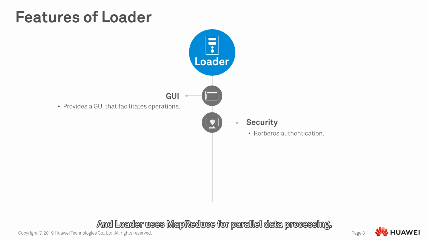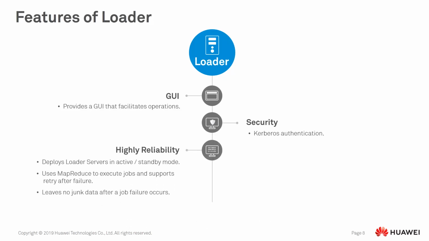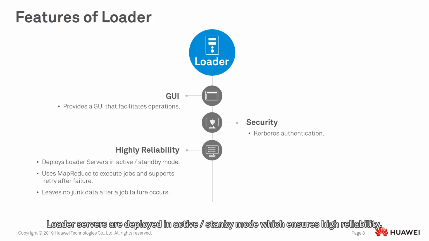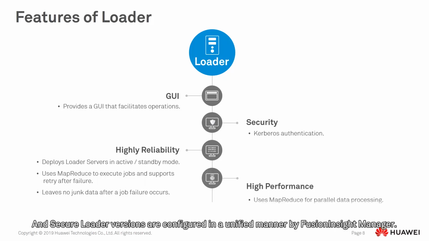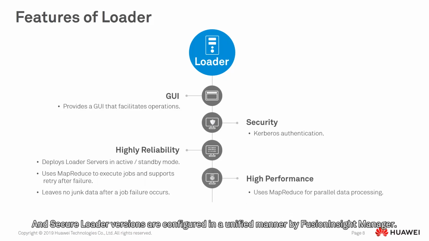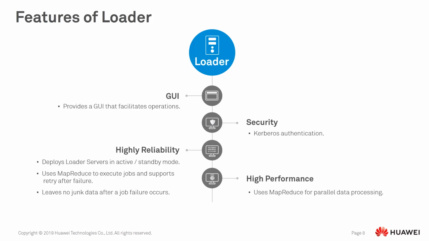And Loader uses MapReduce for parallel data processing. Parameters affect MapReduce splits. Therefore, proper parameter configuration is required to ensure optimal data import performance. Besides, Loader servers are deployed in active standby mode, which ensures high reliability. And the secure Loader versions are configured in a unified manner by Fusion Insight Manager.